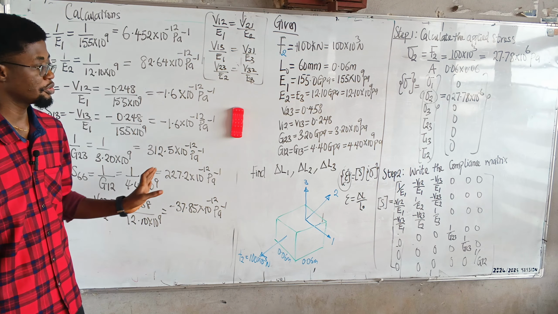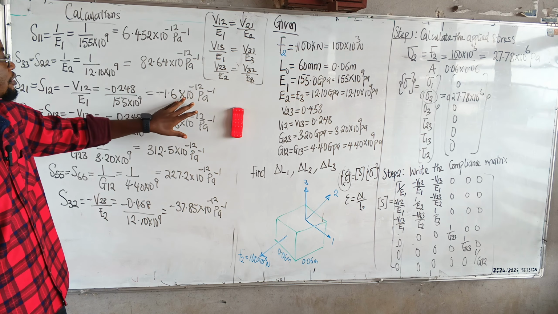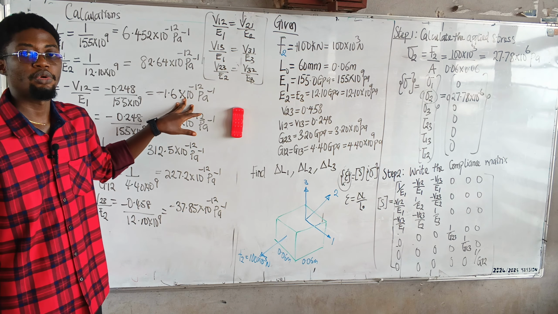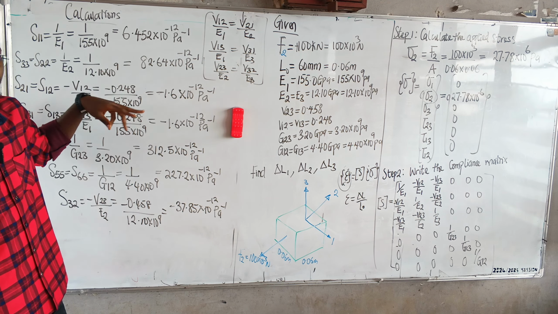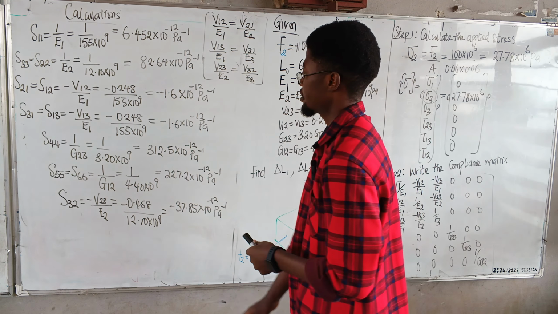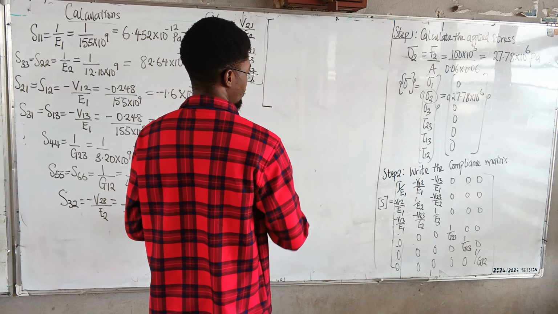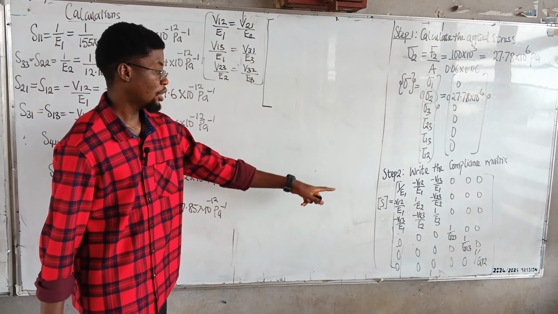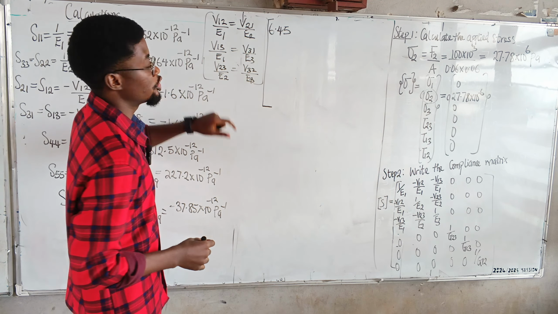Now what we need to do is put it back in. Remember we said there's a reason why we are keeping this to the power of minus 12. The unit of this is Pascal inverse because this is Pascal; the inverse of Pascal is Pascal inverse. Okay, so let's move to the next step. When we substitute it back, what are we going to have? 1 over E1 will be 6.4, and we are having times 10 to the minus 12, right?